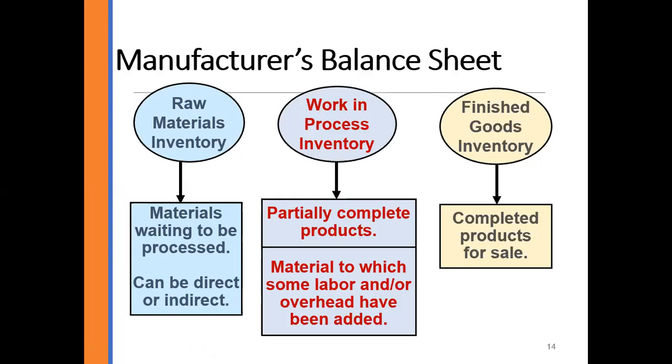So just like it shows here, partially complete products, material to which some labor and/or overhead have been added. So this is when they're in the factory being worked on. Once they're completed in the factory, the costs are transferred to finished goods inventory. As we mentioned earlier in the PowerPoint, finished goods inventory are those goods that are available for sale.